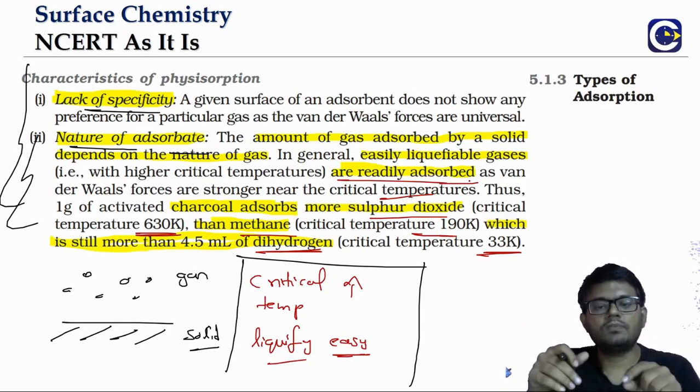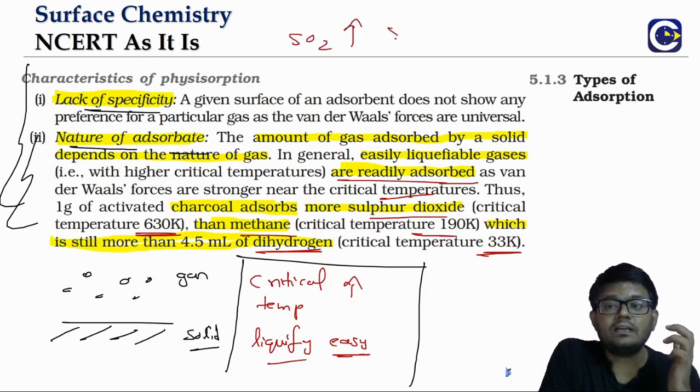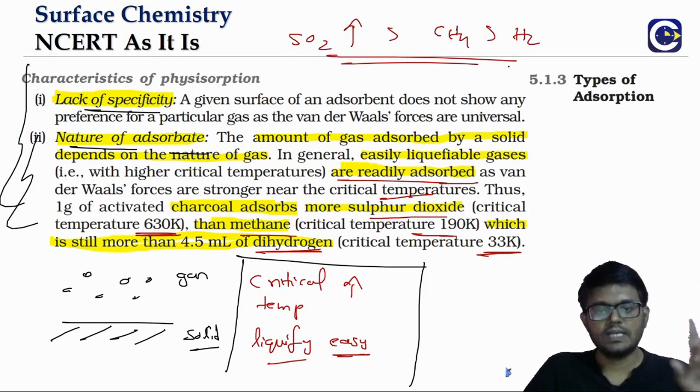So in that way, sulfur dioxide will be adsorbed more than methane, than hydrogen. So how will the physical adsorption depend upon the nature of the adsorbate? Very simple. A gas which can be easily liquefied will get adsorbed more.